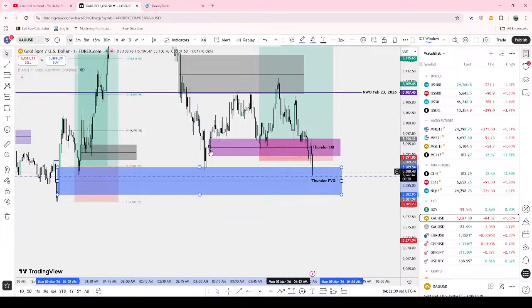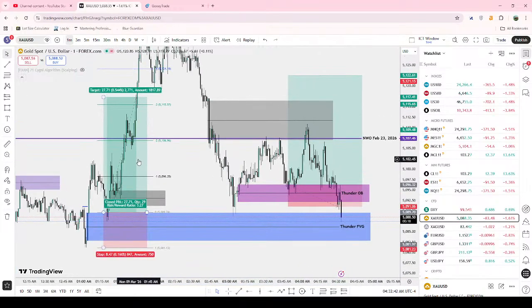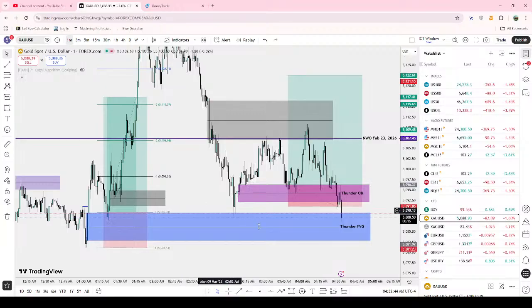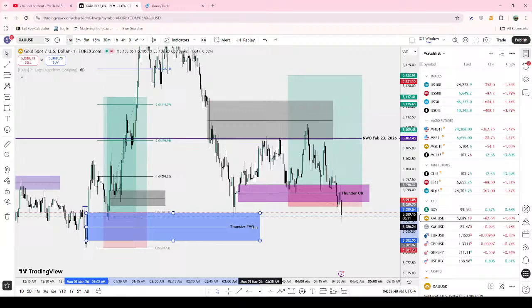Let's see if this one is respected. Our TP is already smashed on the morning session. Now we are trading London session. It reacted from the 100 fair value gap, now going up.